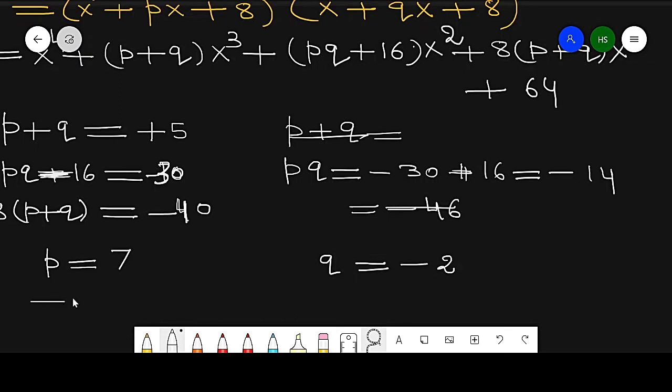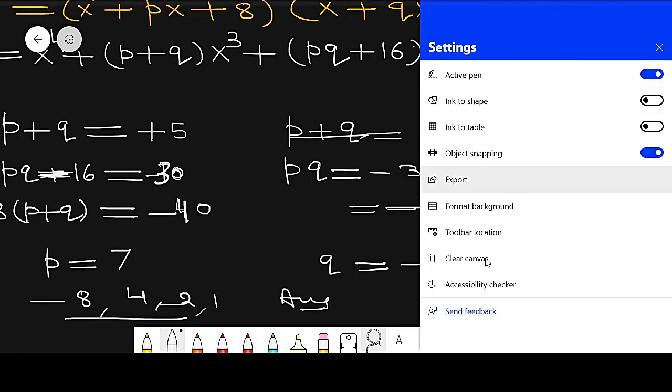We get the roots of the equation as -8, 4 and 2, and -2 and 1. So just simplify, and we will get our result. So in this way we can solve this equation.